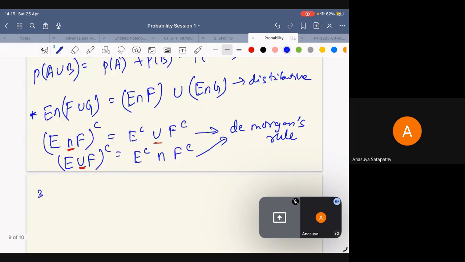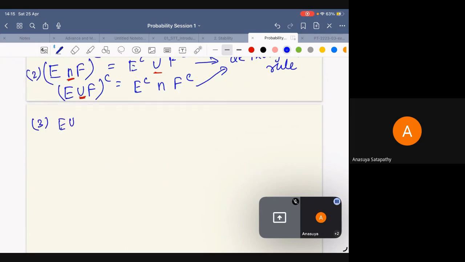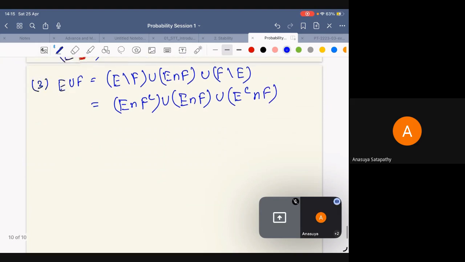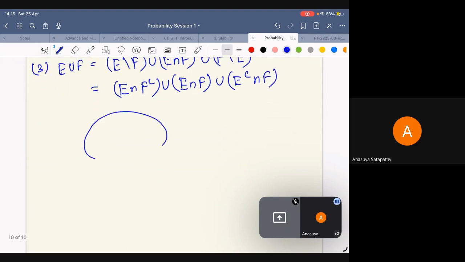So E union F, can I write this as E given F union E intersection F union F given E. It can also be written as E intersection F complement union E intersection F union E complement intersection F. If you cannot understand this one, just see the diagram.